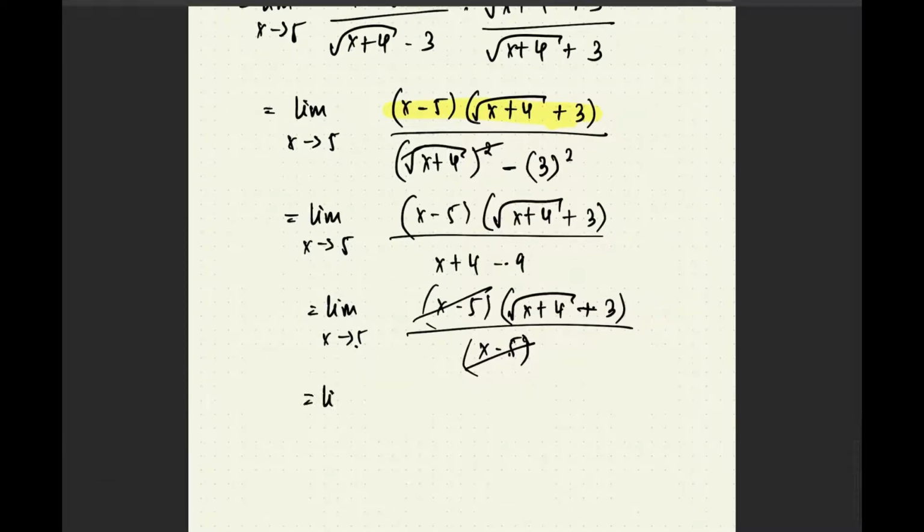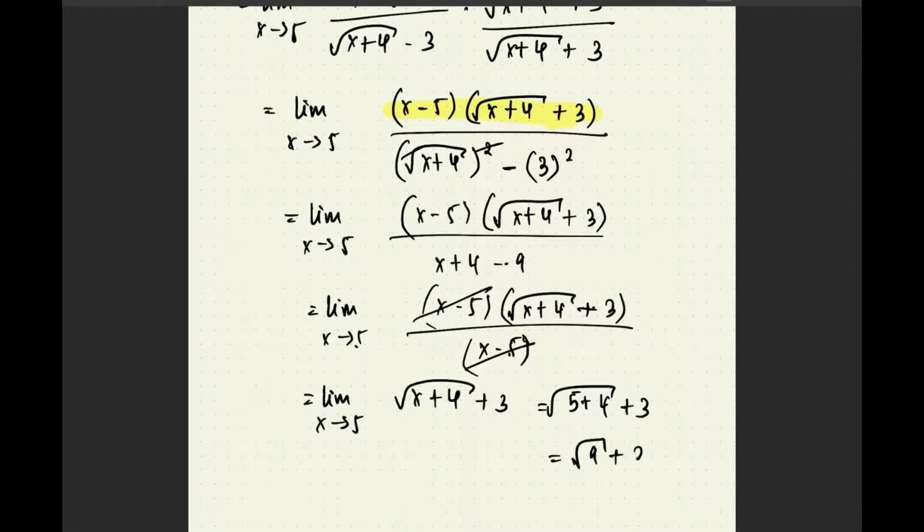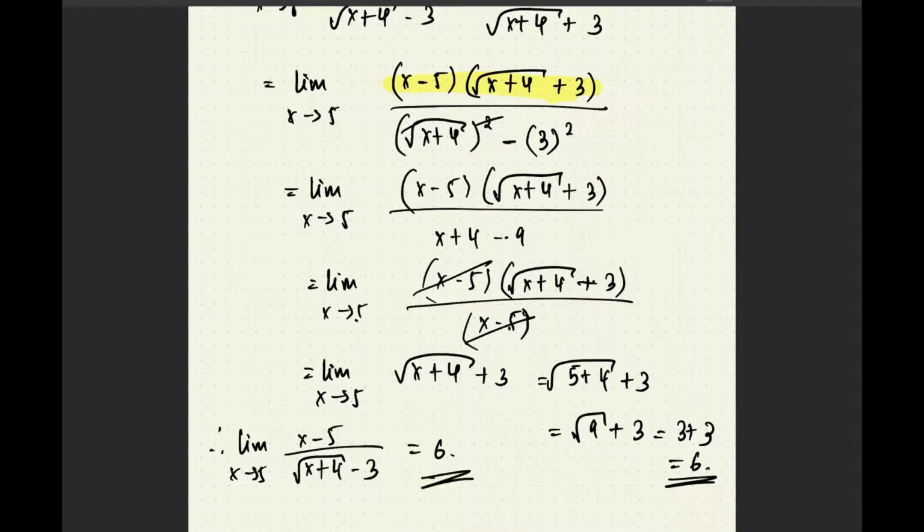So we've now simplified our original function to root x plus 4 plus 3. And now let's plug in and see if we get a definitive answer. So root 5 plus 4 plus 3. This is root 9 plus 3, which is 3 plus 3, which is 6, right? So therefore your limit as x approaches 5 is simply 6.